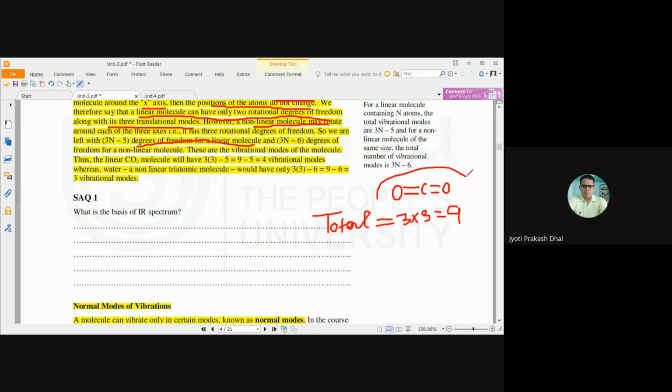And as the molecule is linear, the number of vibrational degrees of freedom equals 3n minus 5, that is 9 minus 5, which equals 4.